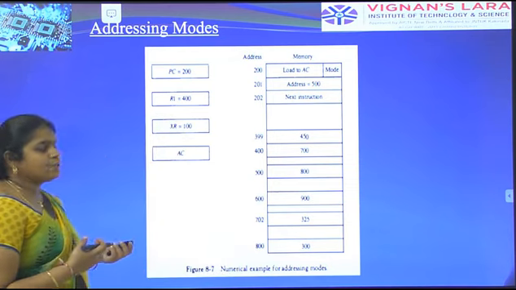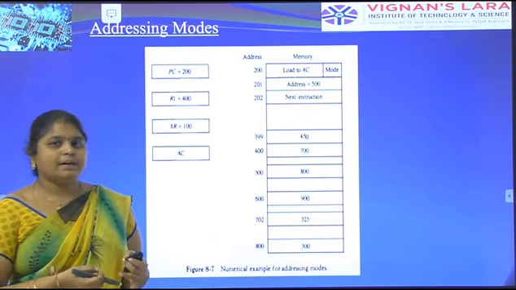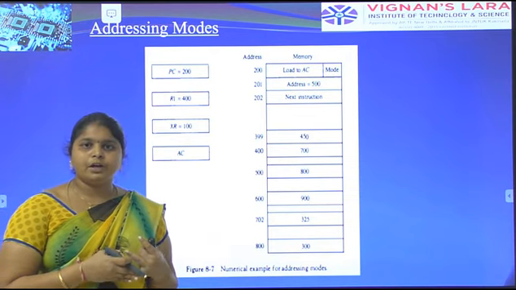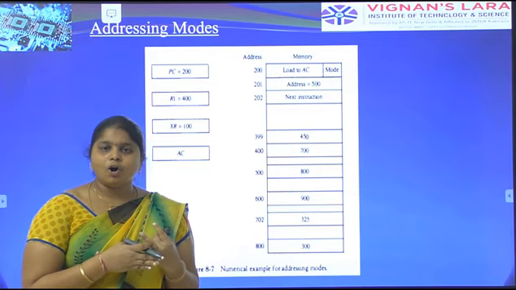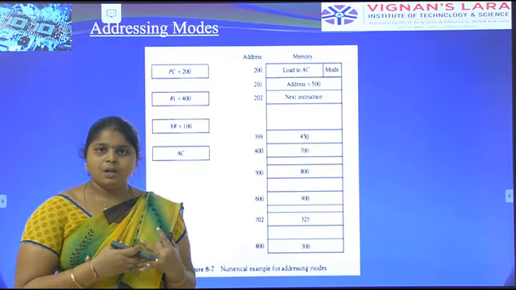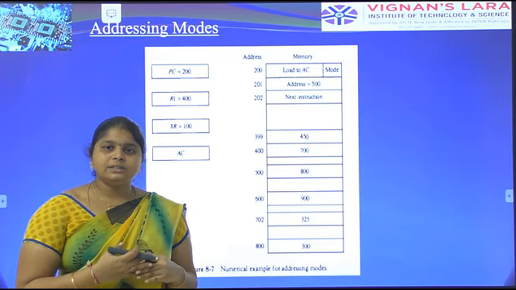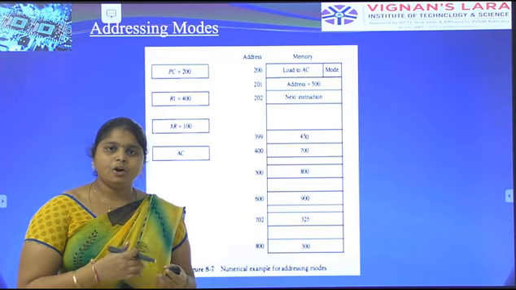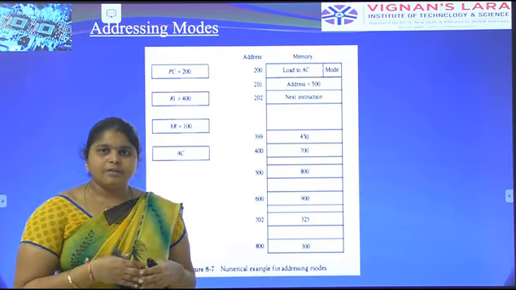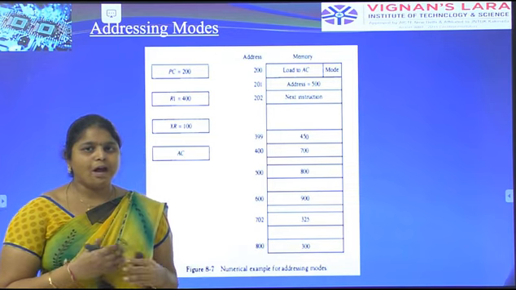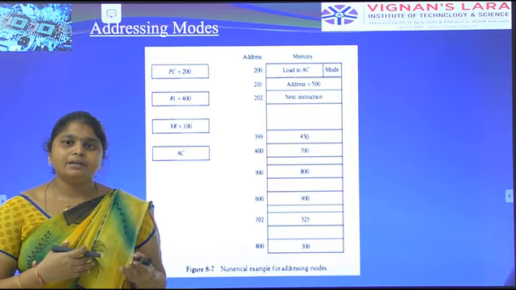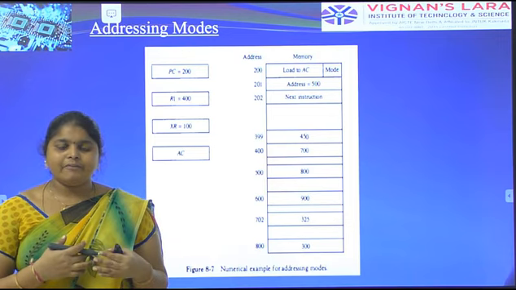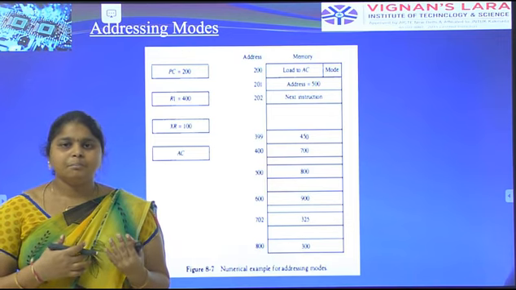In this class, we discussed the addressing modes. Addressing modes are mainly useful to perform operations and also determine the effective address of operands that are stored in the memory or in the register. With the help of addressing modes, we specify the address of every content stored in the memory.